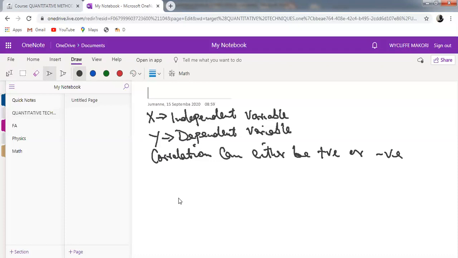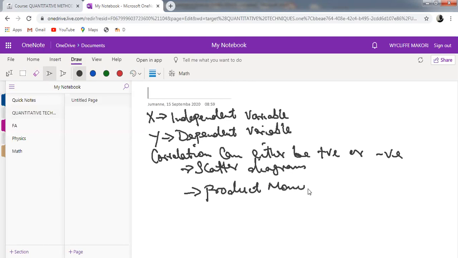And then I also noted that in correlation, you can determine it using three aspects. You can have what we call the scatter diagram. You can measure correlation using the product moment correlation coefficient.